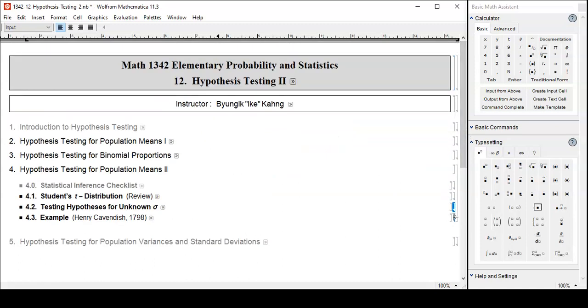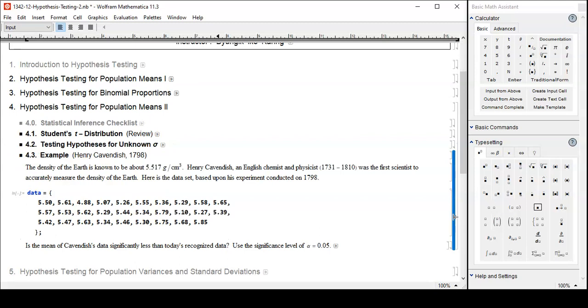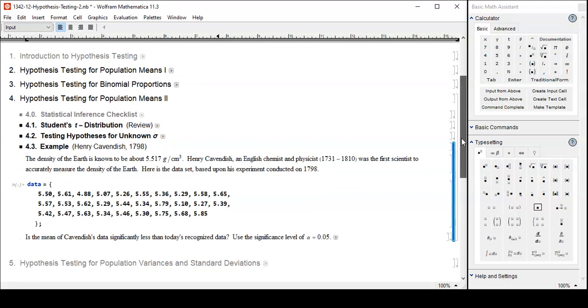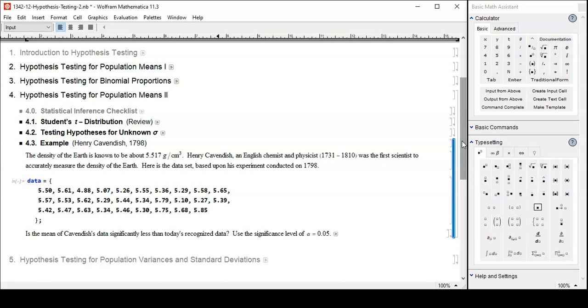Okay, let's go to this example problem. The density of the Earth is known to be about 5.517 grams per cubic centimeters. Henry Cavendish, an English chemist and physicist, was the first scientist to accurately measure the density of the Earth. Here's a data set based upon his experiments conducted in 1798.